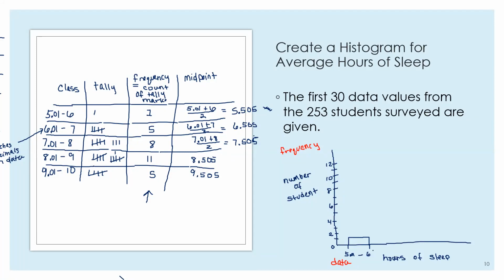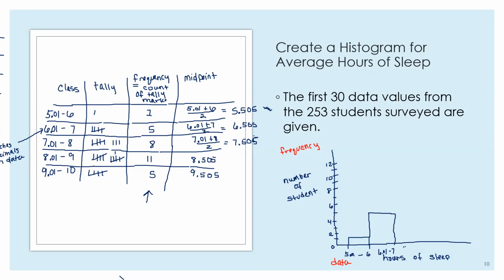Our next class starts right against this because our next class starts at 6.01 and it goes up to 7. And there were 5 in that category.